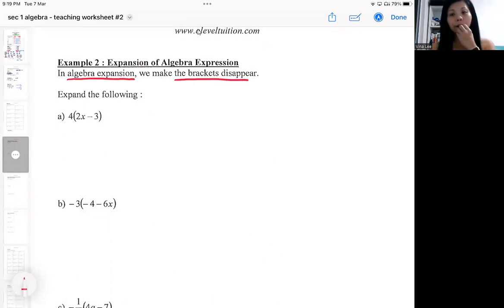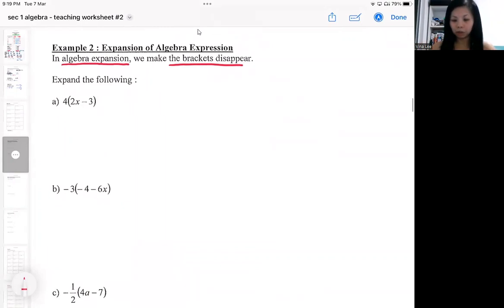Okay, so in algebra, in a way, a bracket represents some amount of multiplication. So we're going to make it disappear by doing multiplication. This is the first thing that you will need to know. So in algebra expansion, we are making the bracket disappear, and the bracket represents multiplication.